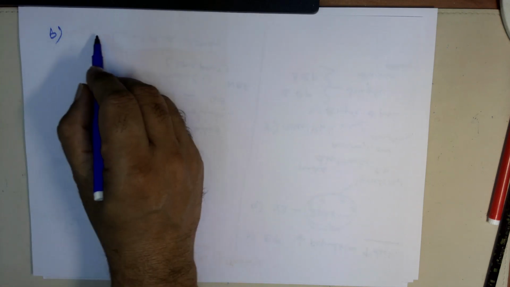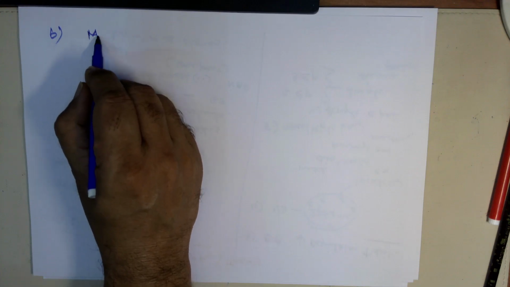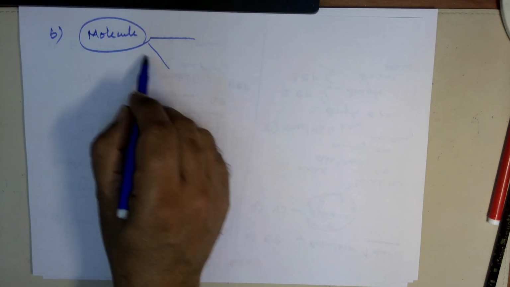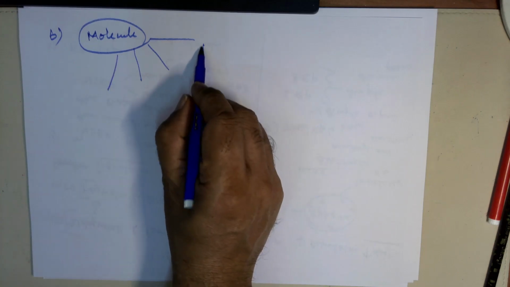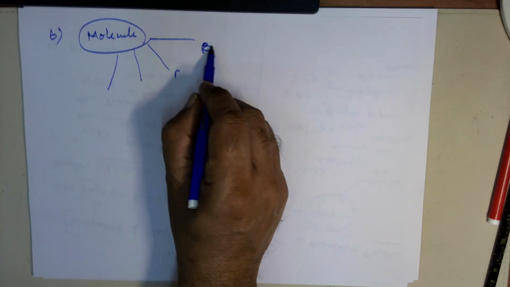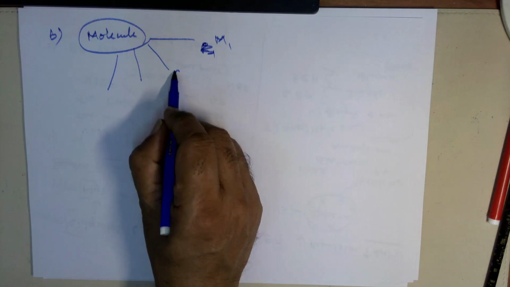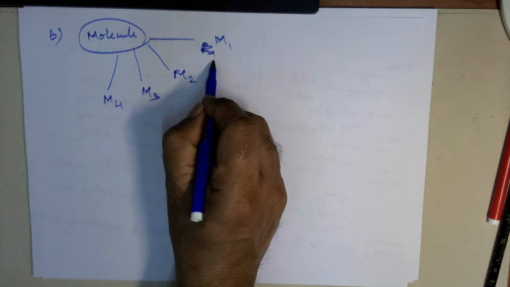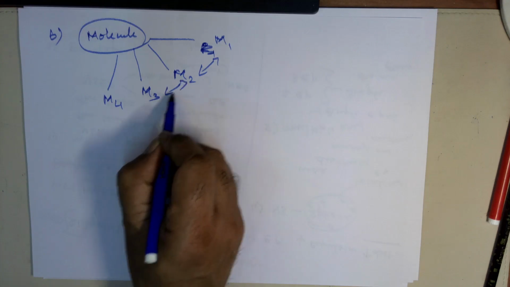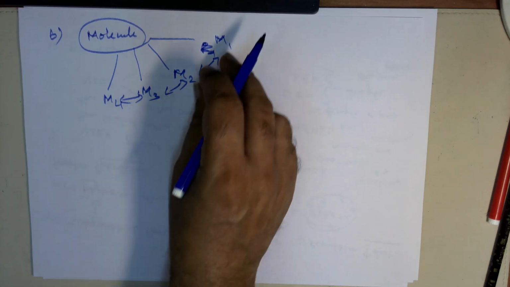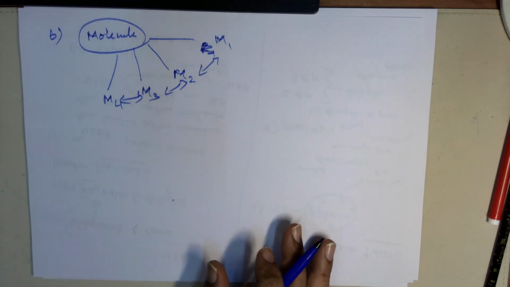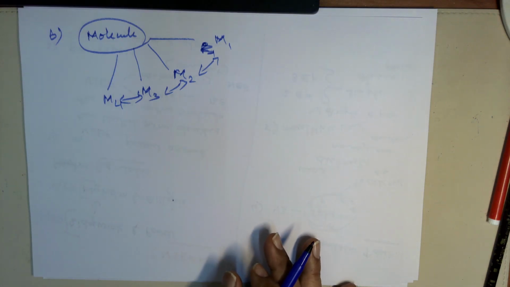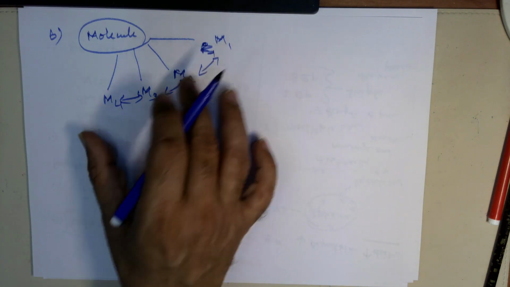Let me say a molecule that can be represented by various resonating structures, like let me say M1, M2, M3, M4, like that. So they are all resonance structures. I already indicated the resonance by a double-headed arrow. How to represent a resonance? Double-headed arrow.